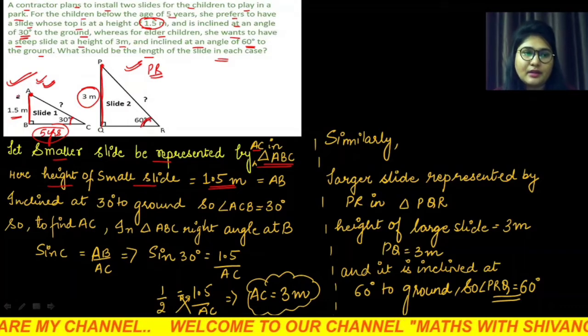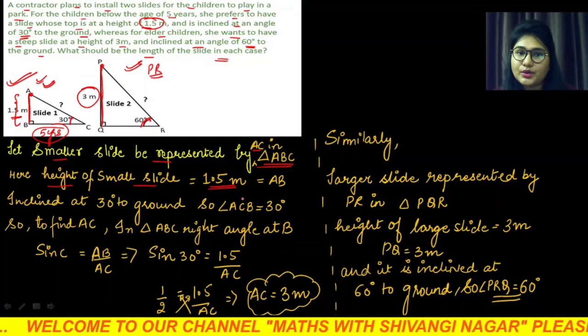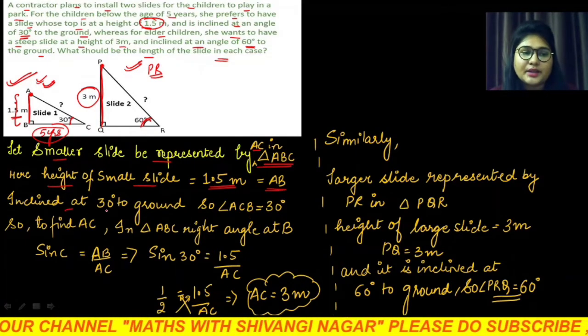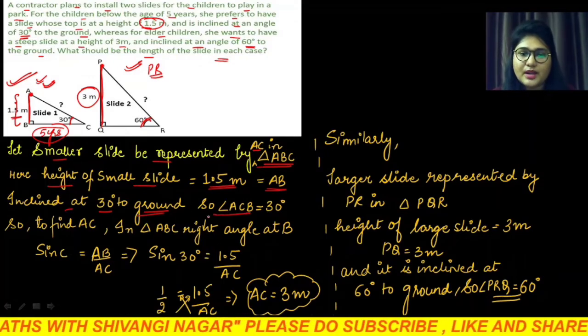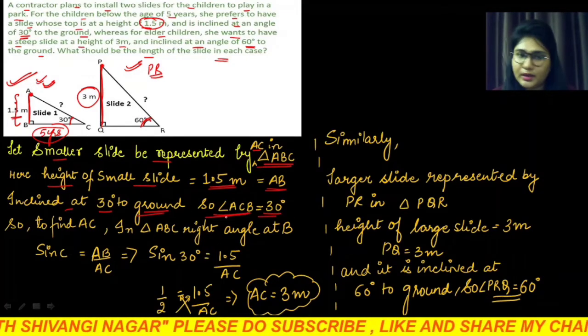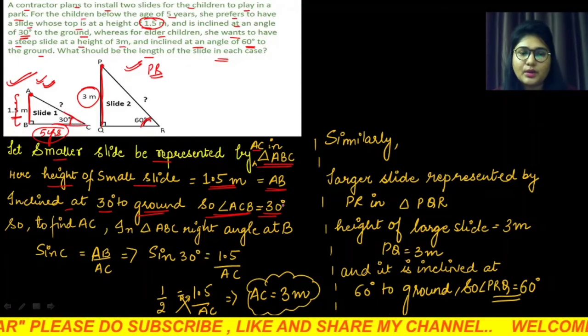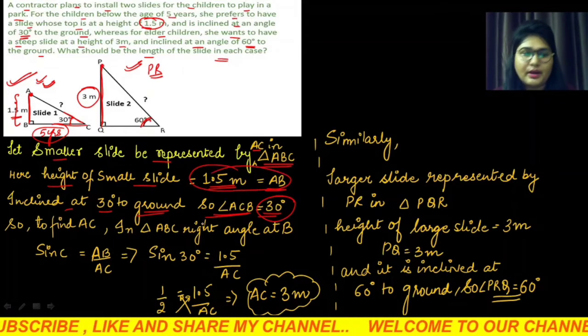This is AB, and we are given that it is inclined at a 30 degree angle to the ground. So we can say that angle ACB is 30 degrees. Both the data we have written here.